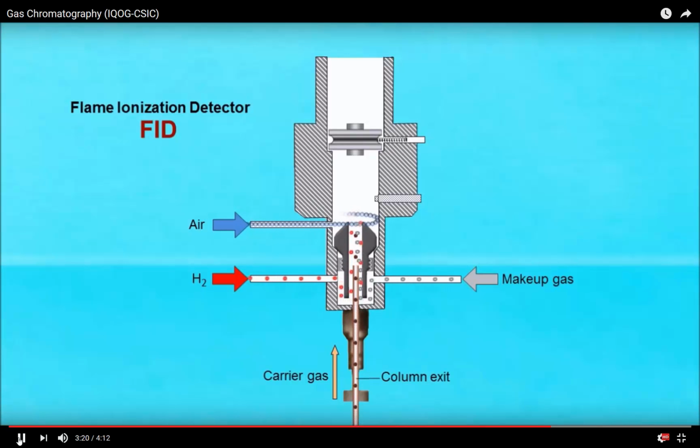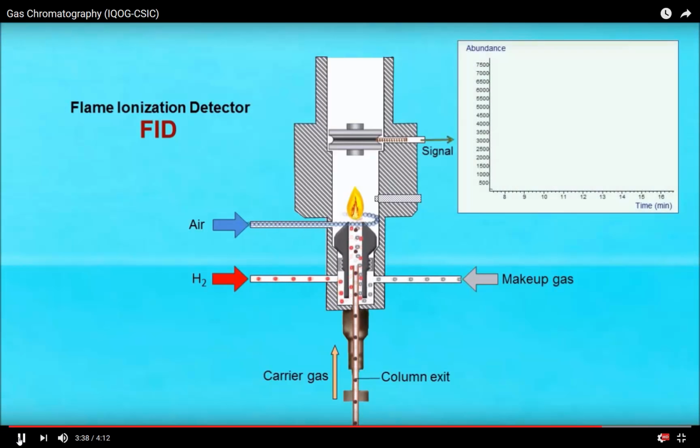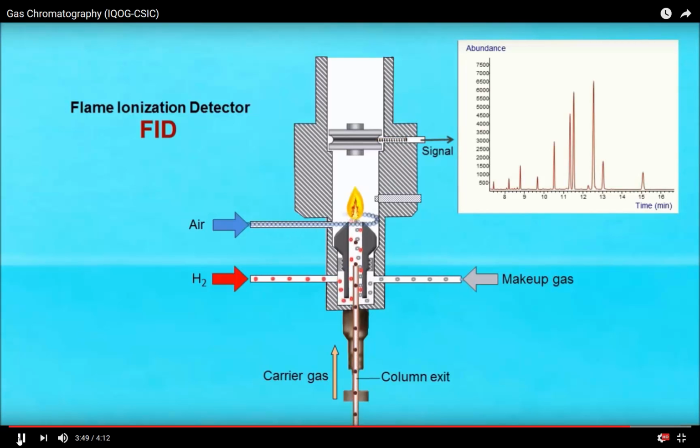So you have air, hydrogen, the flame is generated eventually, and the sample gets burned. And then a current is passed over the flame, and because it's a flame ionization detector, they will have different current based on their composition. Mostly carbon and hydrogen compounds are detected the most using FID.